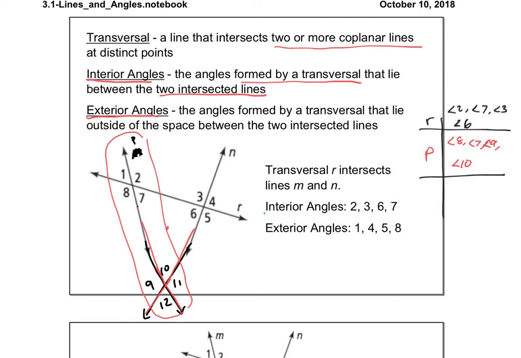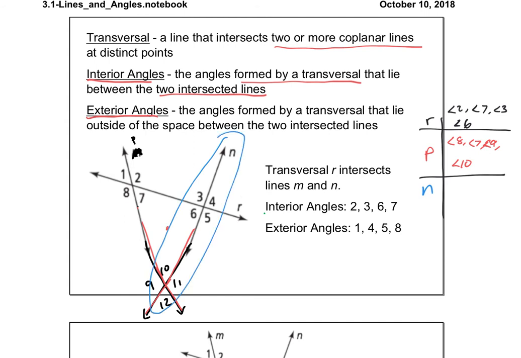Last but not least, if I go to transversal N and look for the interior angles over there, okay, that means I would be looking at these angles.